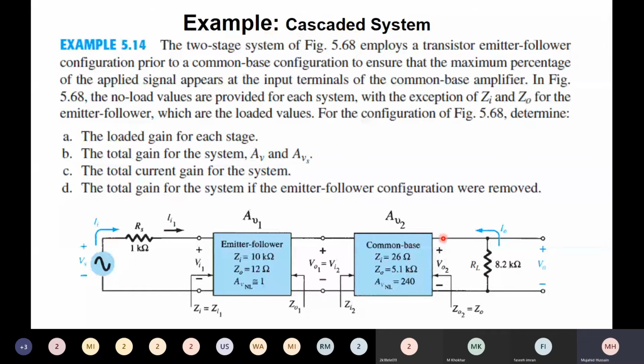This is RS and this is RL. It is very simple: individually you find the gains of each stage, and then to find the total gain, you multiply these two gains. So first of all, we find AV1.